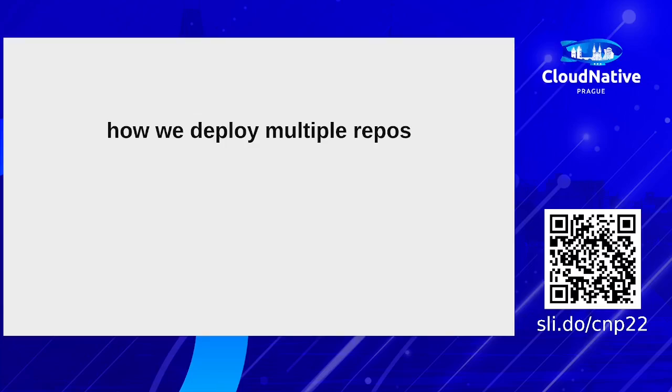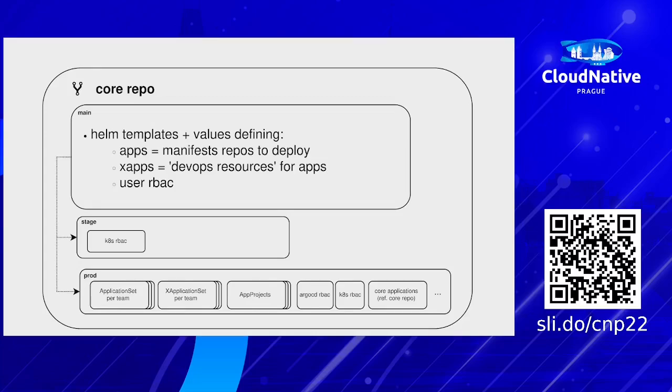So now, how do we deploy those applications? The core of our deployment lies in the core repository. It contains some Helm templates plus values defining some app projects, Argo CD RBAC, and Kubernetes RBAC, but mainly it contains application sets which deploy the manifests from those manifest repositories.